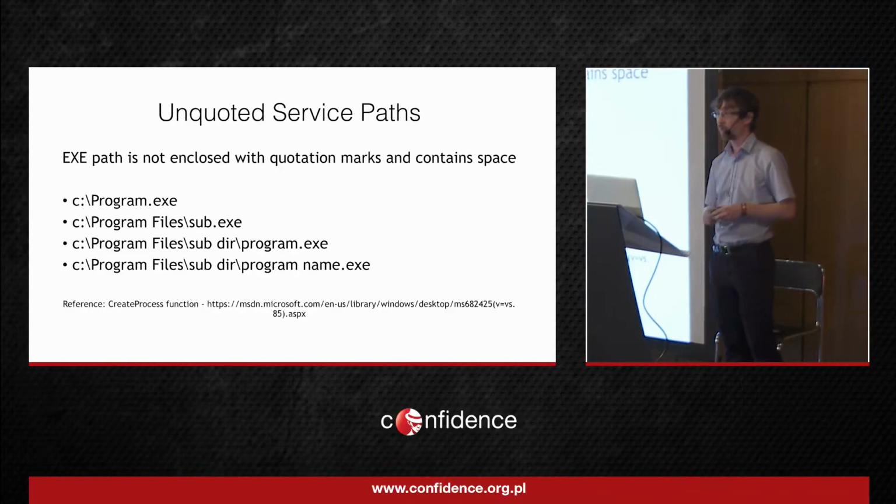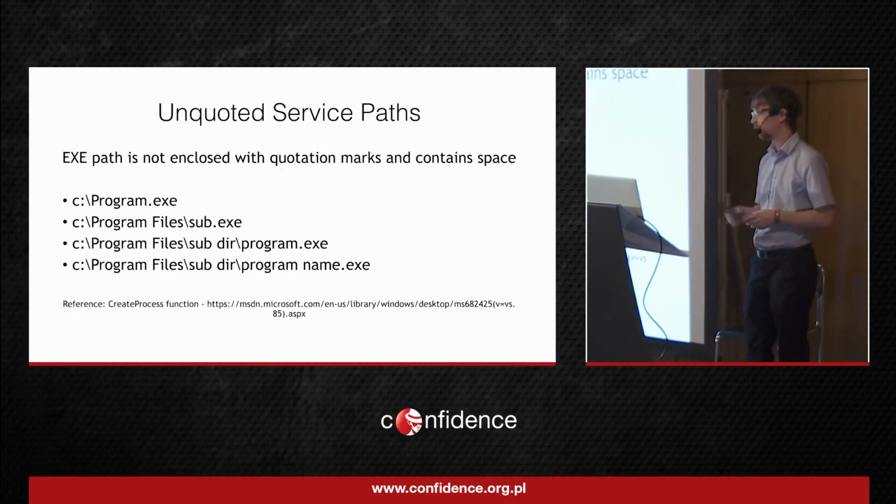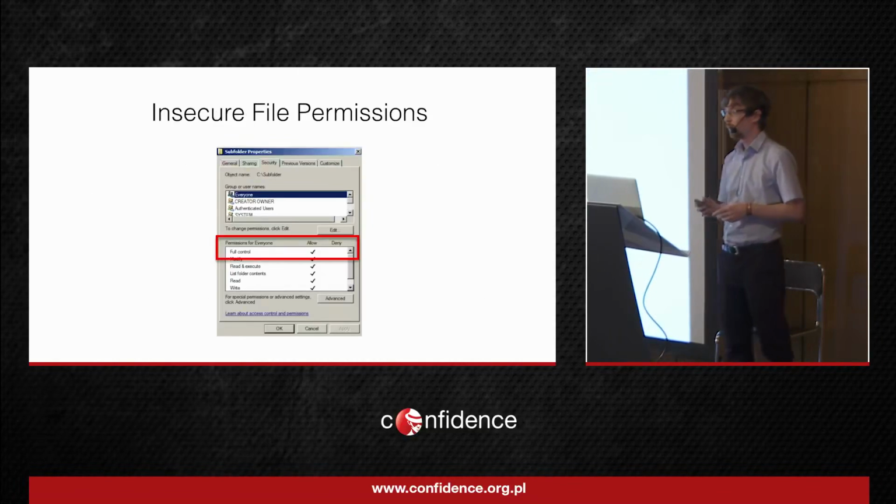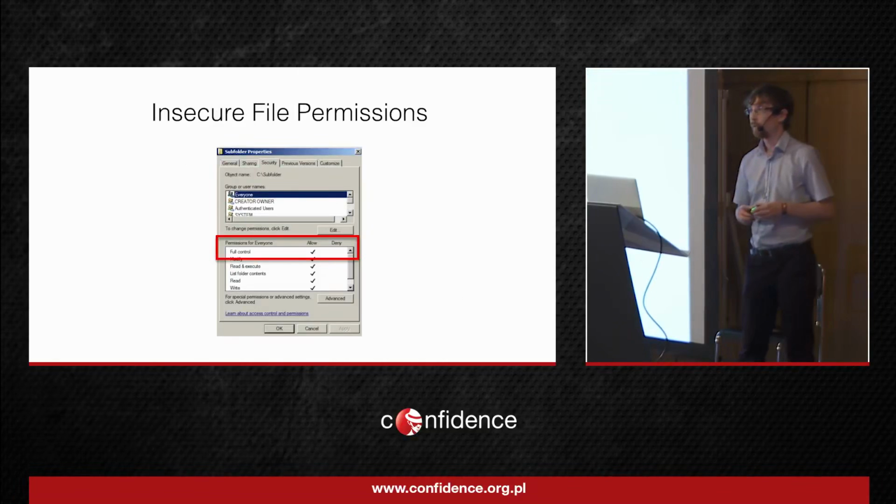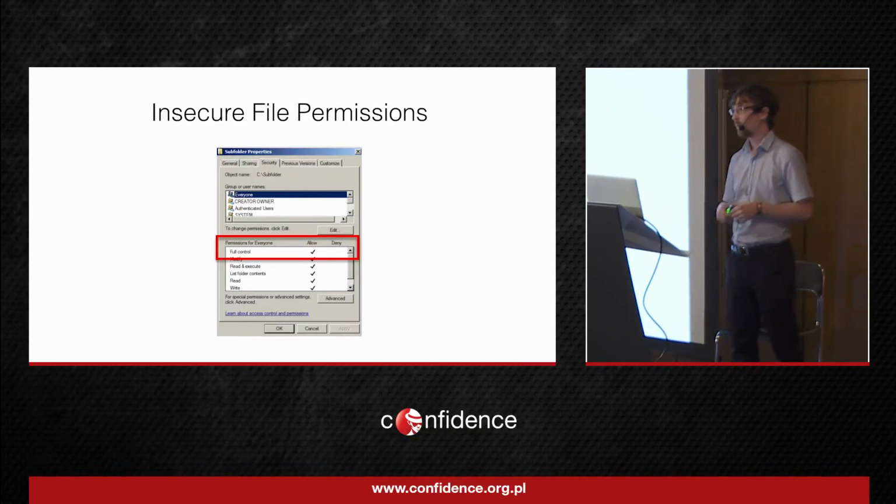The exploitation is simple. We check for services which do not have double quotes and contain a space. Then we check if we have write privileges to one of those locations. On Windows, we can define files and folders to which a user has access.